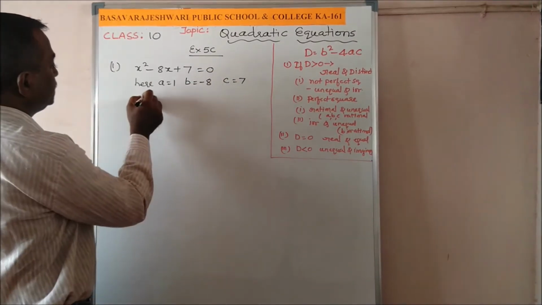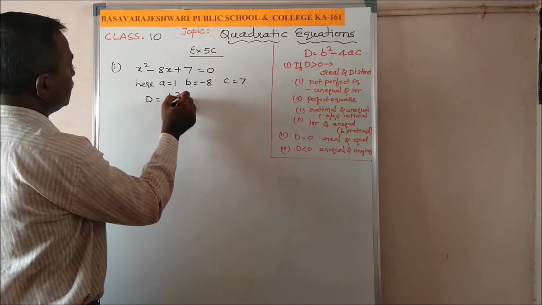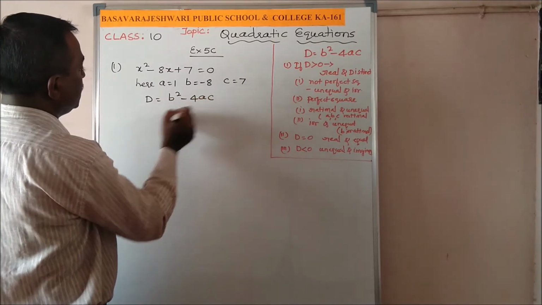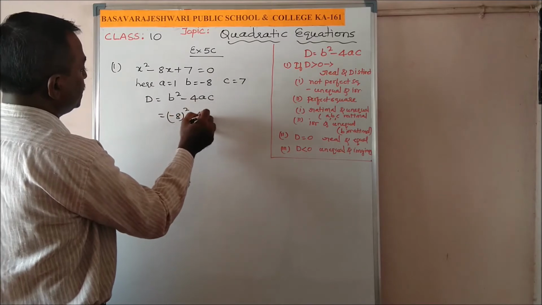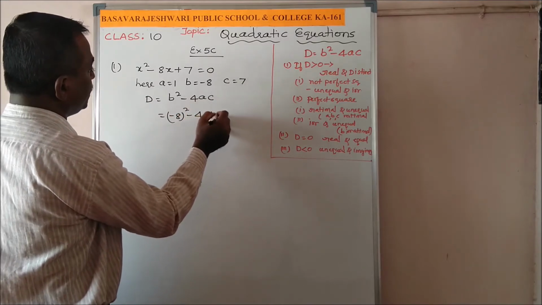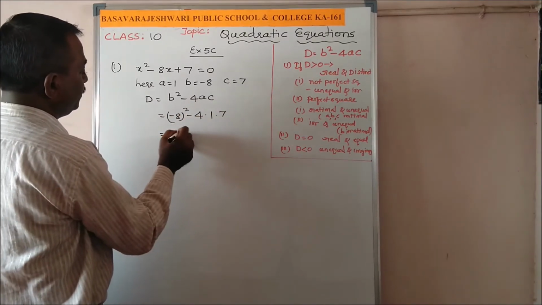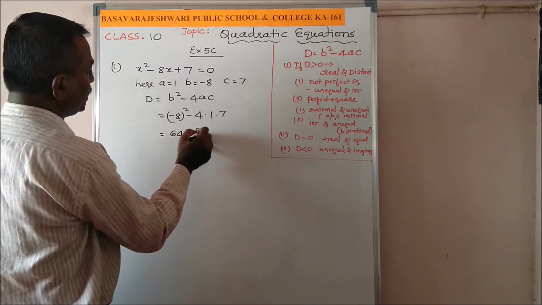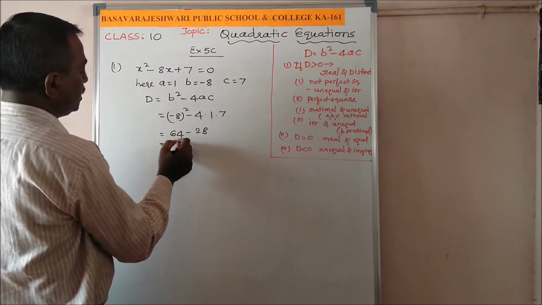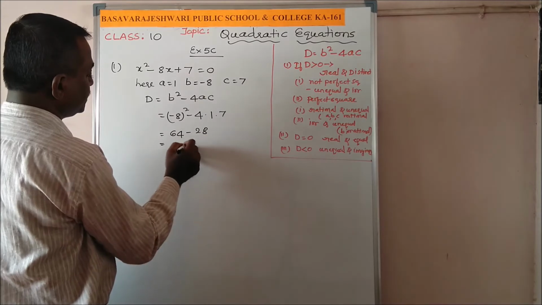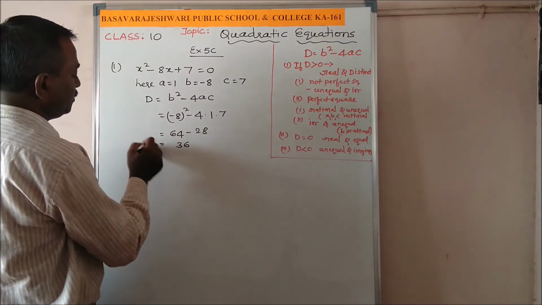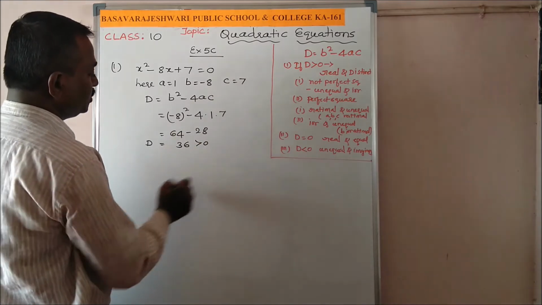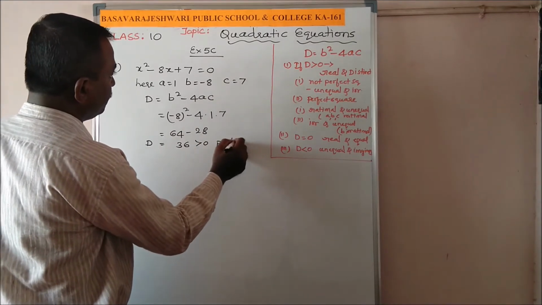What is the discriminant? D is equal to b square minus 4ac. That is minus 8 whole square minus 4 into a means 1 into c means 7. 64 minus 28. So D is equal to 36, greater than 0, perfect square.